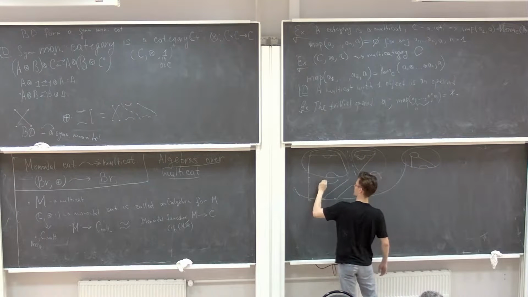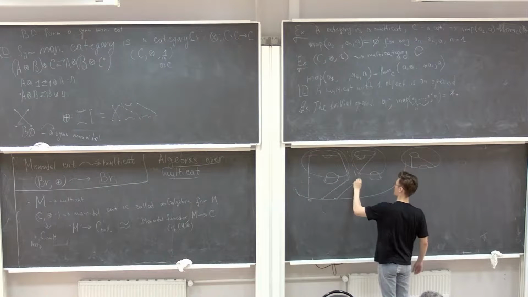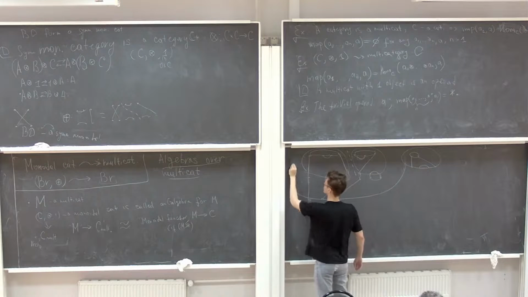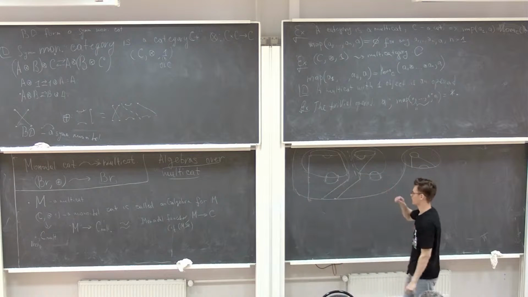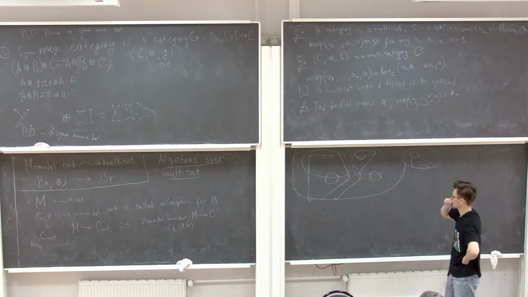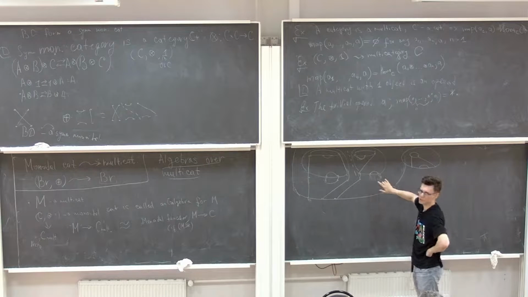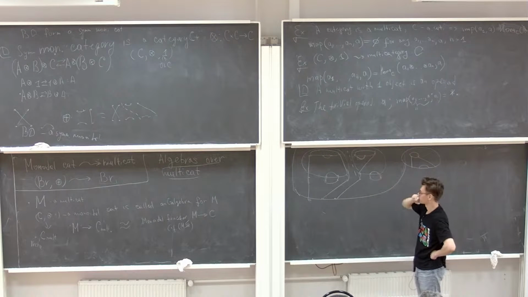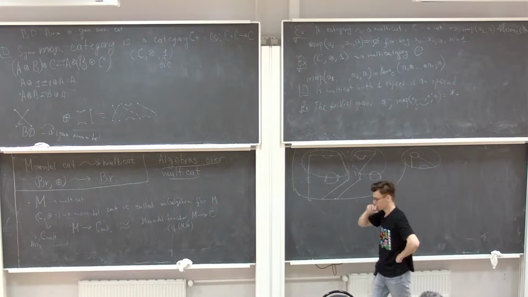Thus we would obtain something like a circle operad. However, this is not just an operad, this is a multi-category, because the gluing laws don't allow us to compose any pair of morphisms, because the boundary must be the same. Okay?